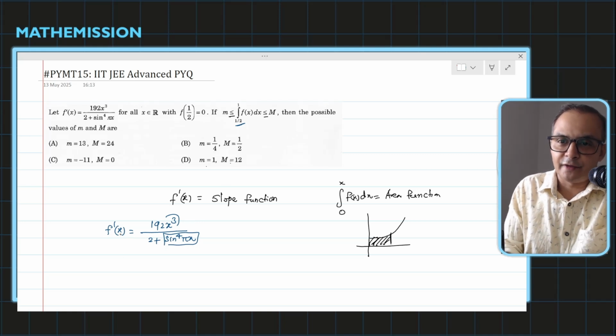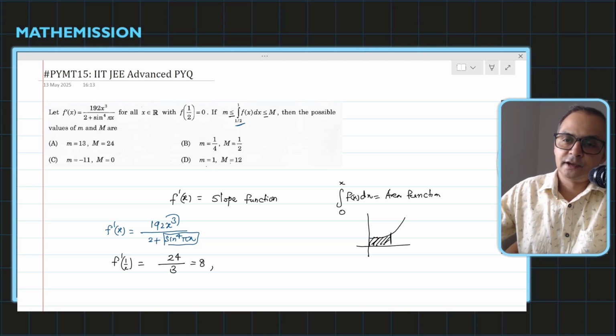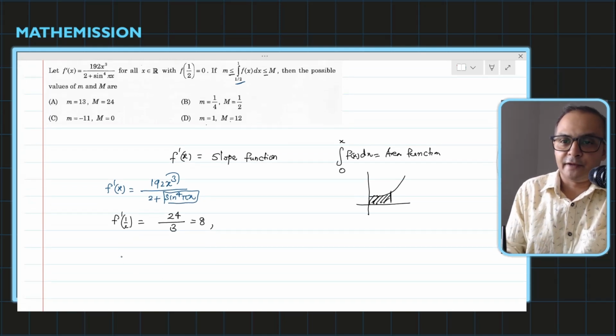So let's find the value of f dash x at 1/2. It means f dash half. This is going to be 1 by 8, so 24, and sine to the power 4 of pi by 2 is 1, so 2 plus 1 is 3, so f dash half is 8. Similarly, we find the f dash 1 value.